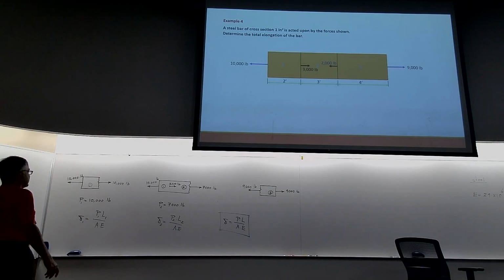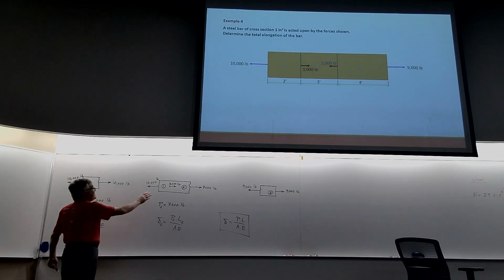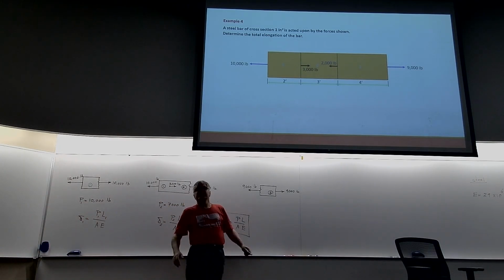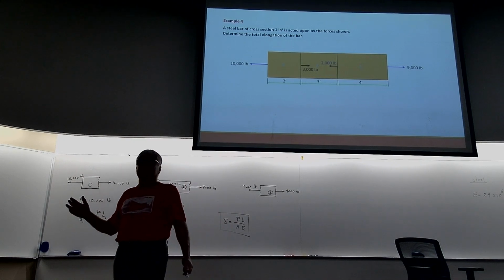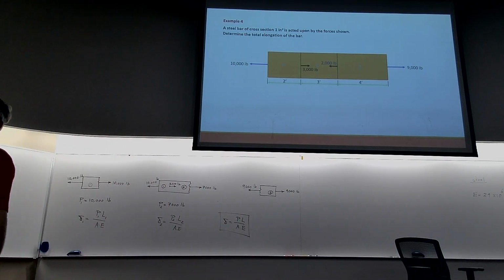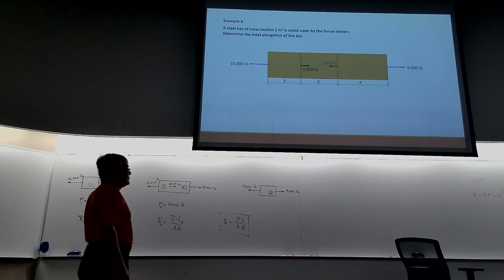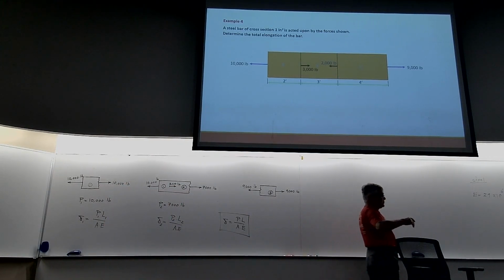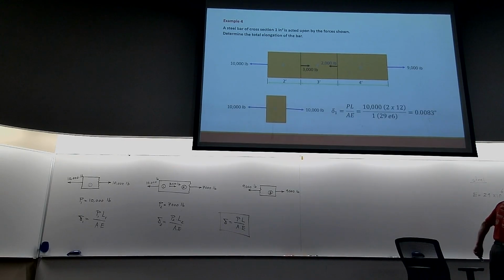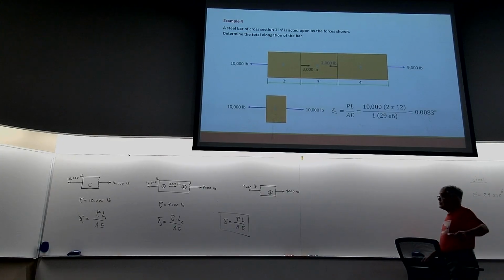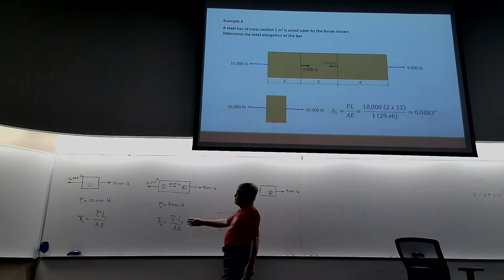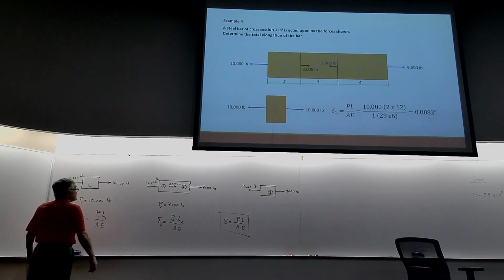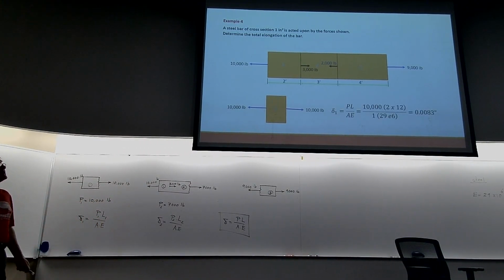All right, so we have all pieces in tension. The deltas will be positive for all of them, and we will end up adding the 3 deltas. This is the free body diagram of segment 1, showing you that P1 is 10,000 pounds.